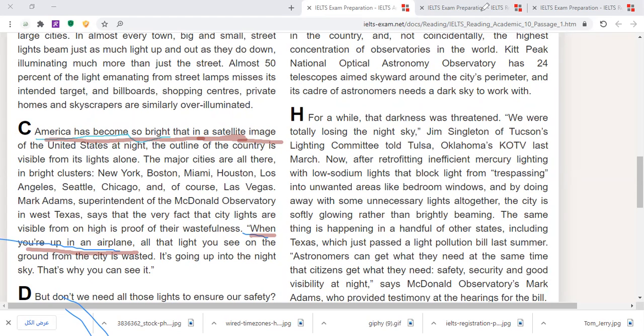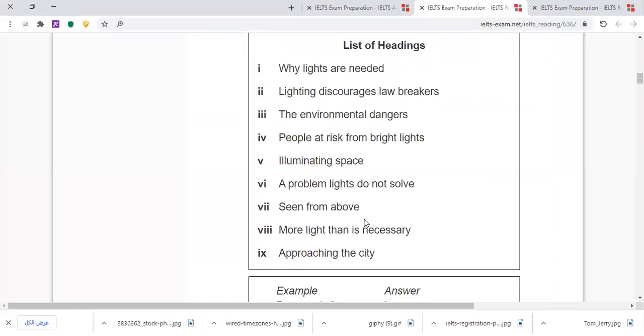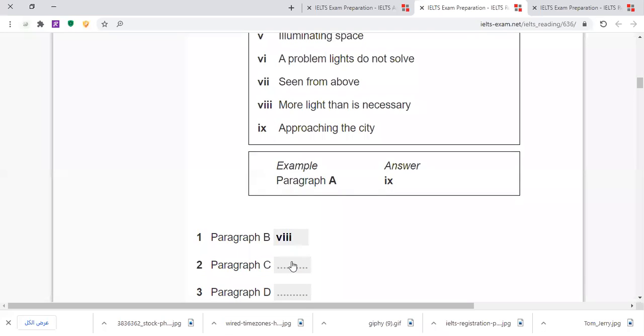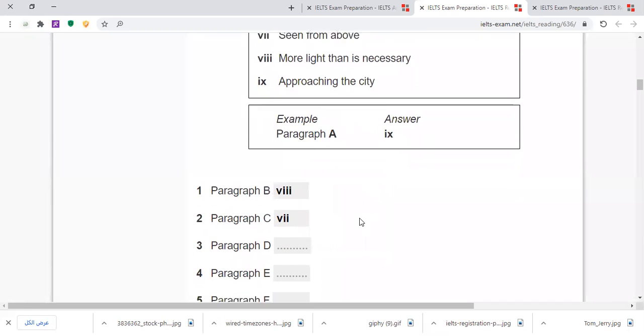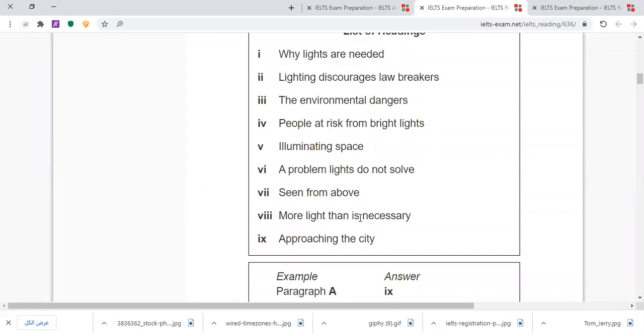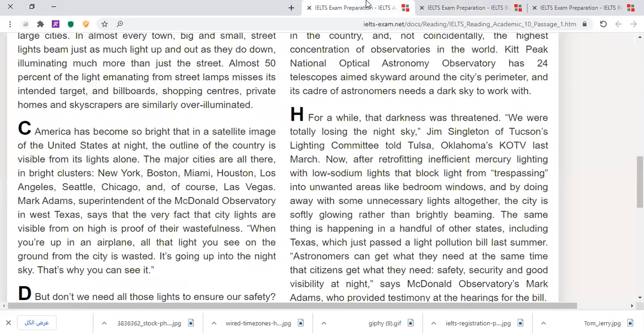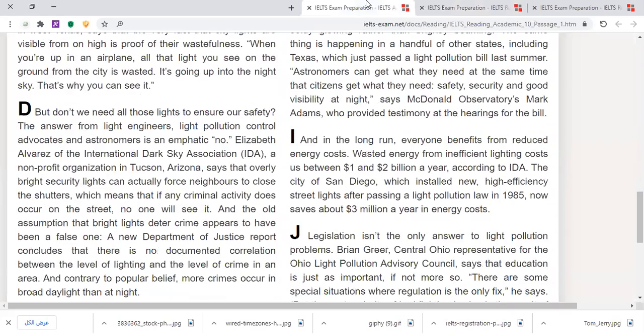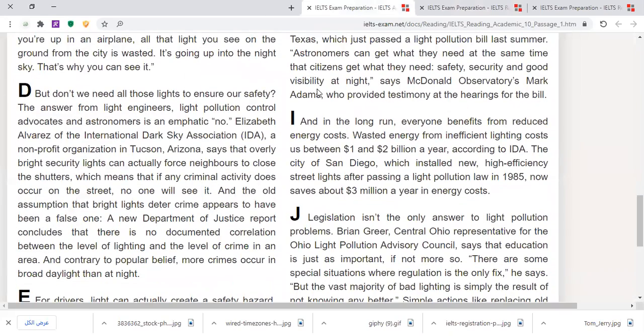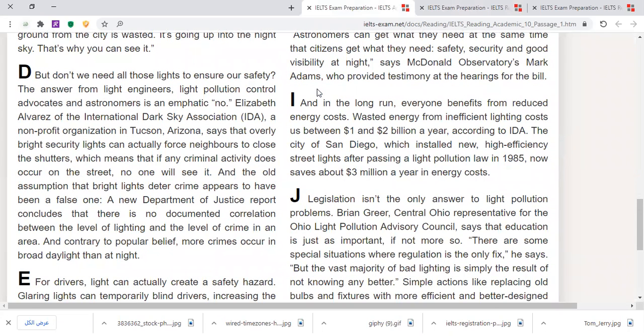So, until now, do you find it easy to find the main idea or the heading of each paragraph? Yes. Honestly, do you find it easy now? Very good. Now let's move on to paragraph D. I think it's also interesting. This is paragraph D. 2 minutes to read, then again we're going to find the heading.